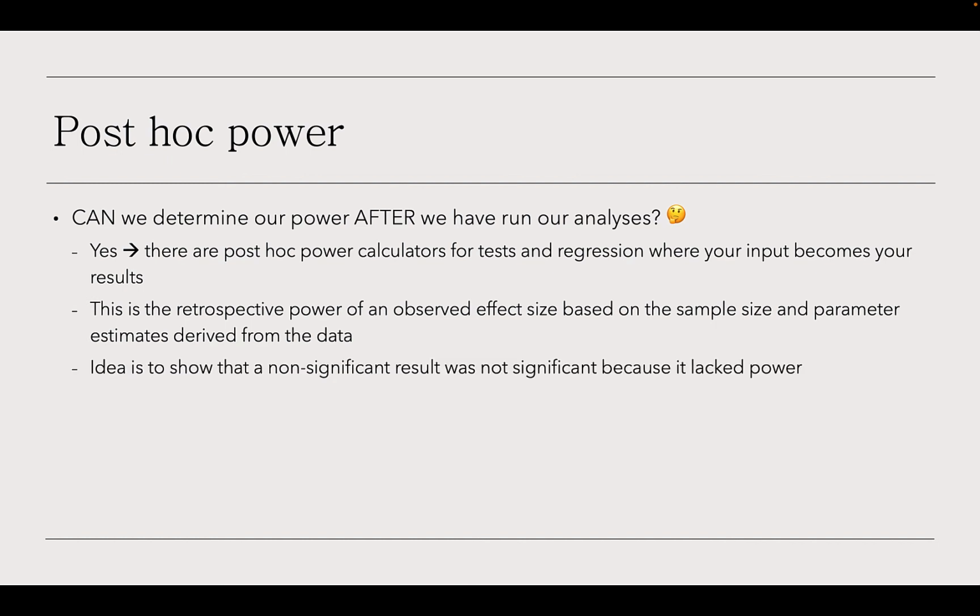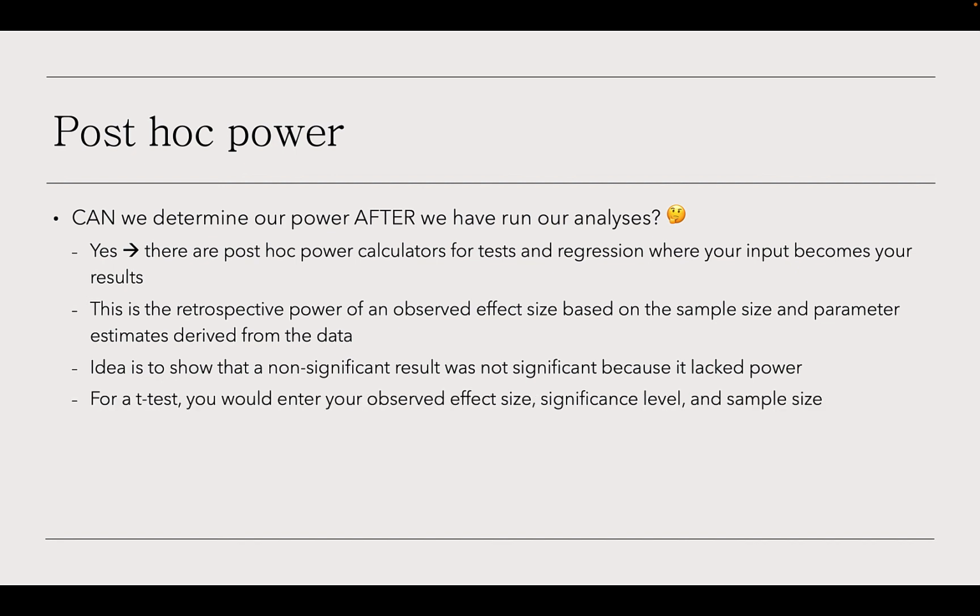The idea in this post hoc power analysis is to show that a non-significant result was not significant because it lacked power. So your goal here is to use your observed effect size and your parameter estimates to get this retrospective power of 80% or bigger, so you can say to a reviewer, the study was appropriately powered.